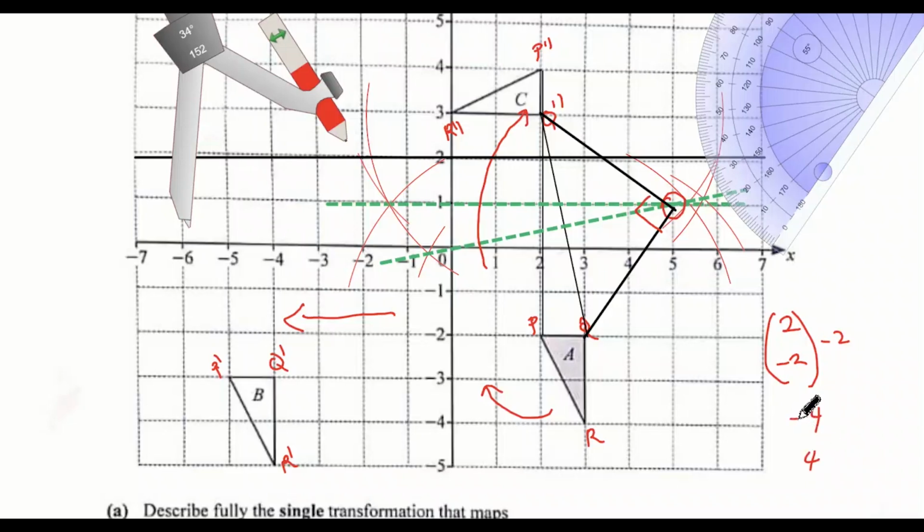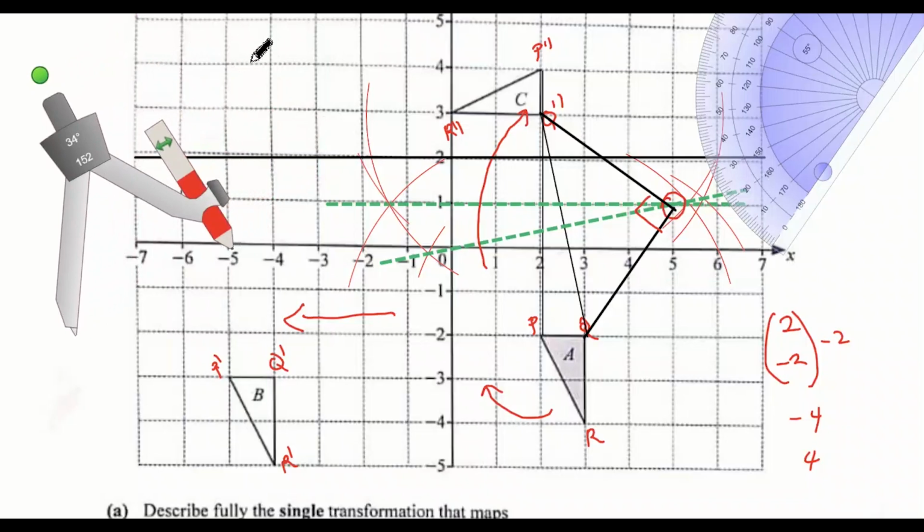That will be the image of the point of the enlargement. So from the center of enlargement, let's count -4, it will be here, and let's count 4, so it will be here. So this will be point P prime.